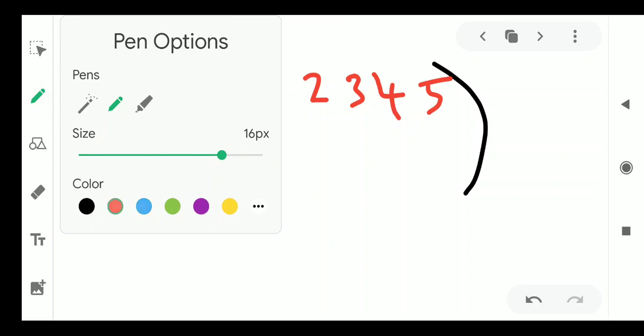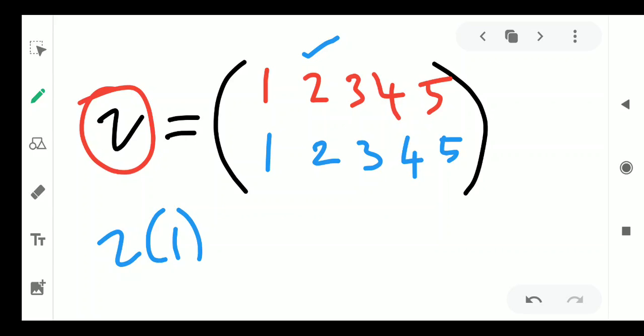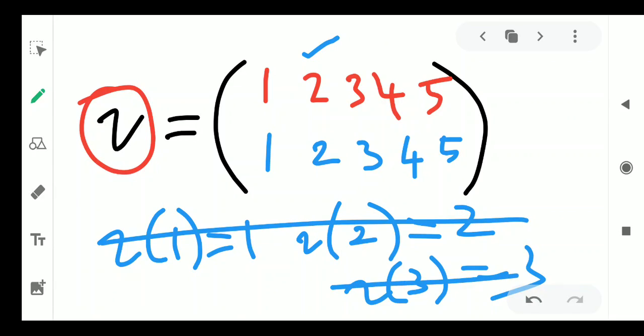Therefore, the image of 1 is 1, the image of 2 is 2, the image of 3 is 3, the image of 4 is 4, and the image of 5 is 5. Simply said, I of 1 is 1, I of 2 is equal to 2, I of 3 is equal to 3, etc. So that detailed thing is pictorially represented like this.